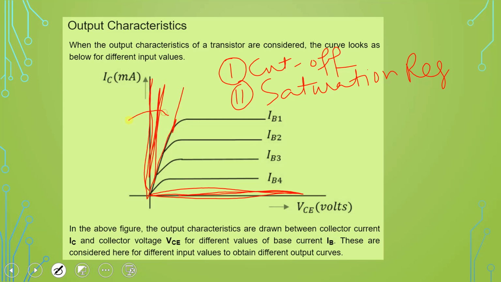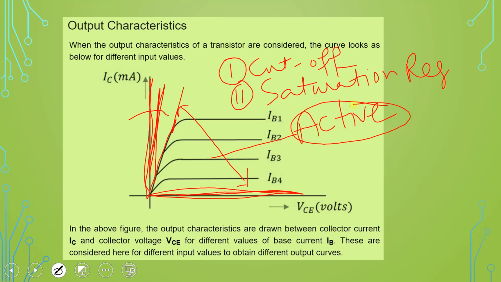The region between the saturation and the cutoff region is called the active region. If the characteristics of the amplifier are in the active region, then it works efficiently, otherwise it will not work. How? That I will explain later in this lecture.